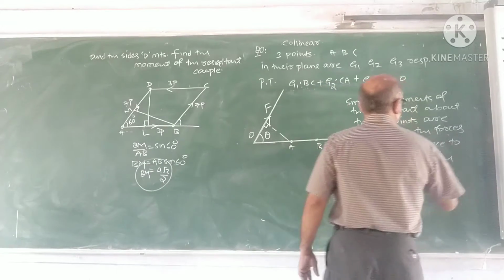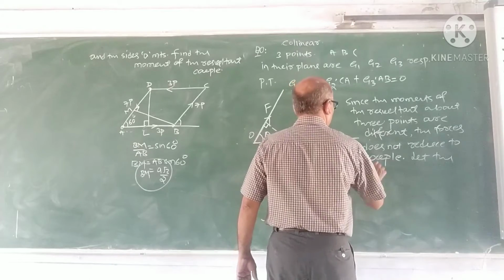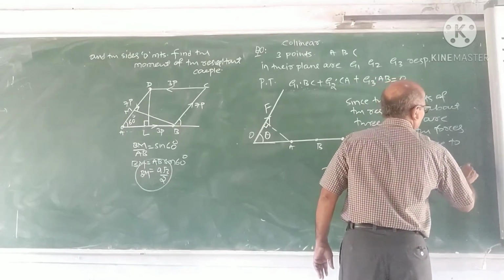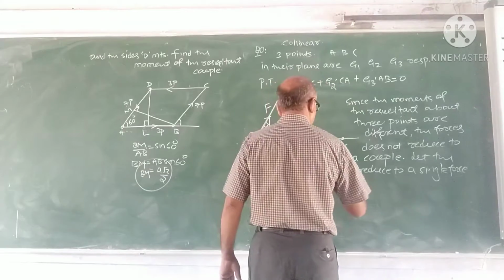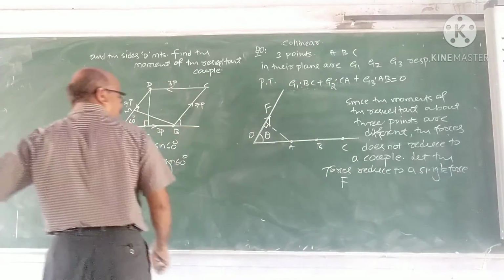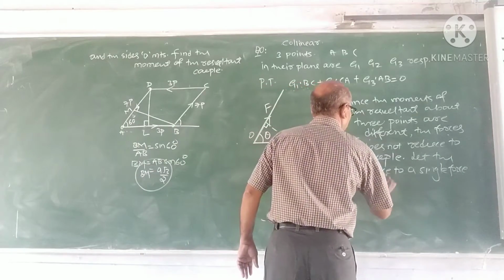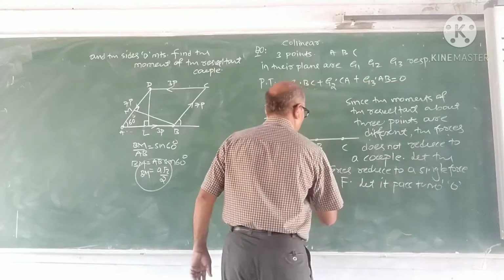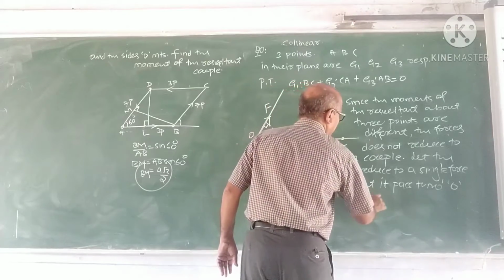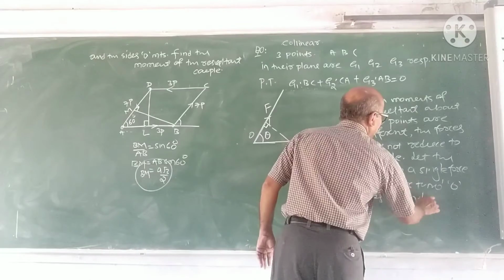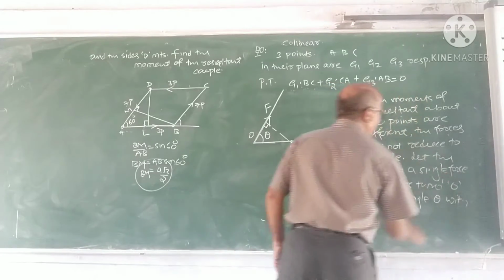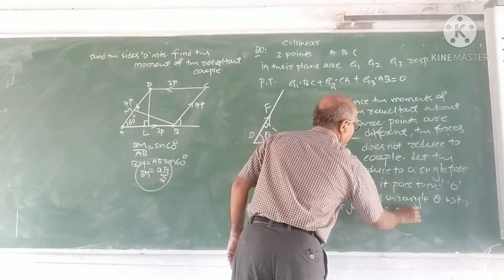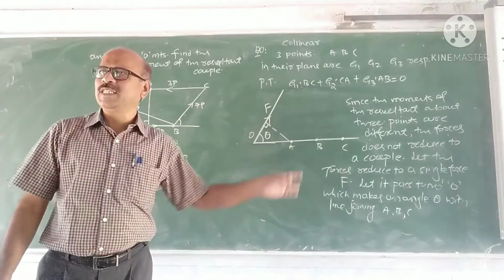When the three forces reduce to a single force F, let it pass through O, which makes an angle theta with the line joining A, B, C. All of you can easily understand this.